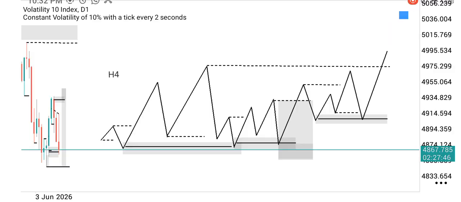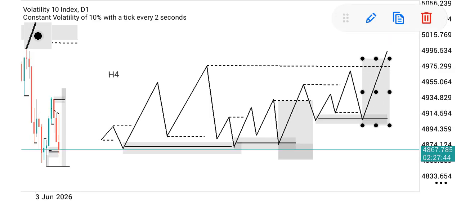So you place your risk to reward, and boom, you go.